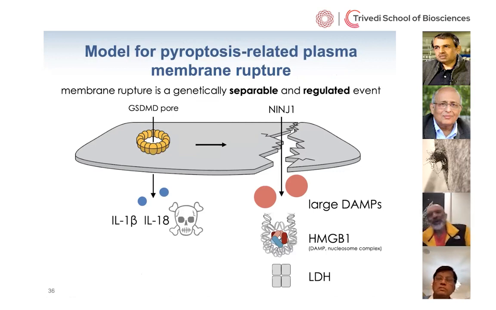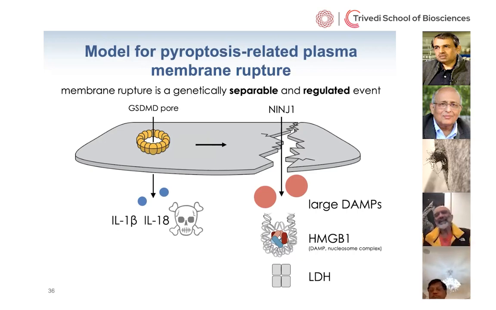Now we have a lot of work cut out for us. This family of molecules, the NINJ family, is conserved all the way down to the fly, Drosophila, highly conserved. And if you overexpress it, you get these very large holes in membranes.